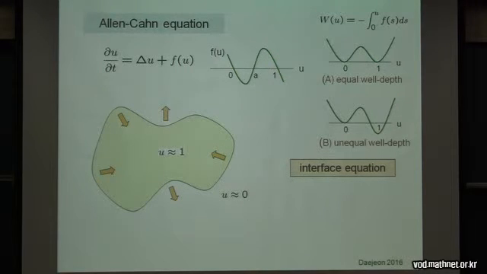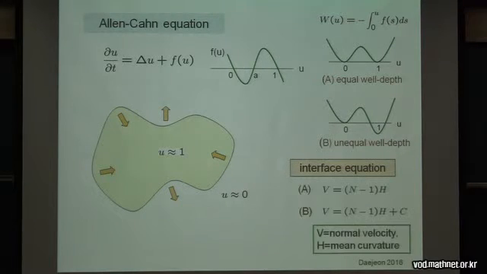So this is a double well potential, and the double well potential has equal well depth if the area here and area here are the same. And if the two areas are different, then the potential has unequal well depth. Depending on which type of nonlinearity we have, the interface equation is slightly different.